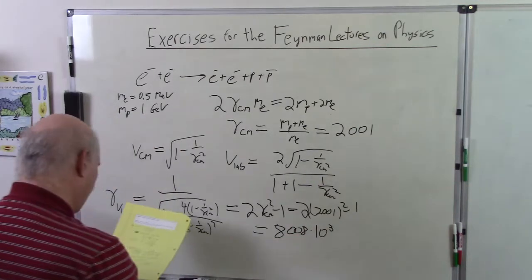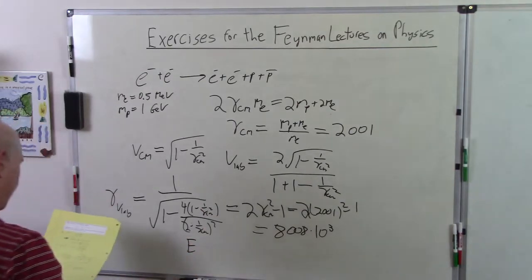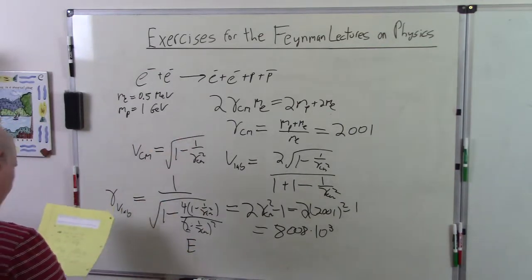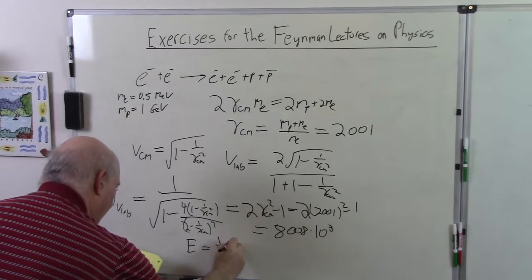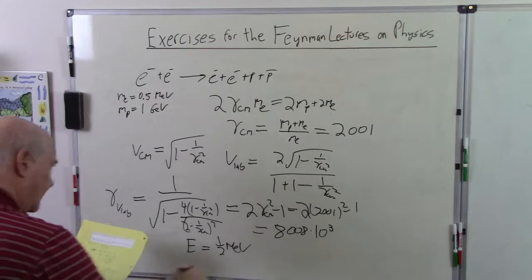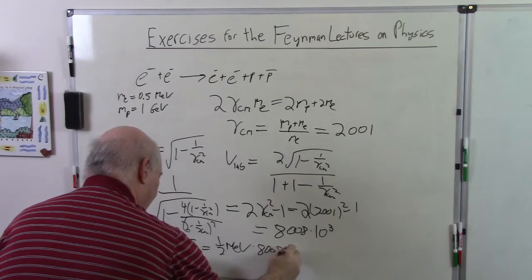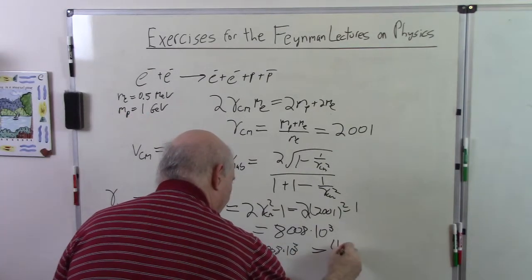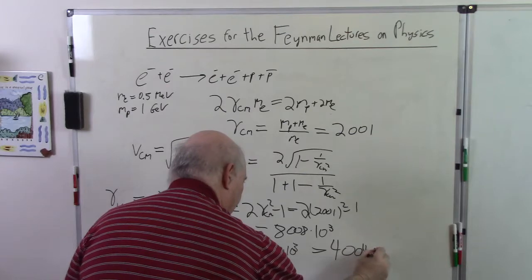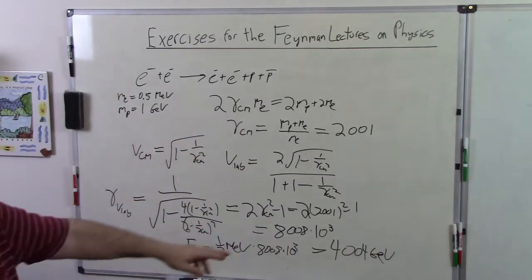And the energy for the moving electron is going to equal the 1/2 MeV for the rest mass of the electron times 8,008 times 10 to the 3. This is equal to 4,004 GeV, which would have been impossible 50 years ago.